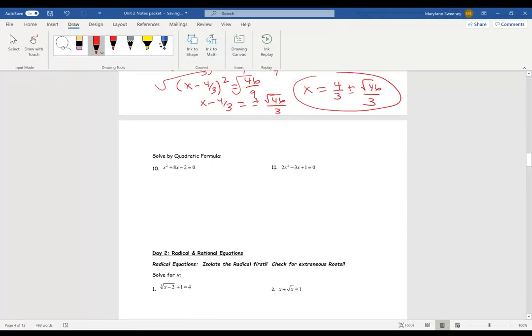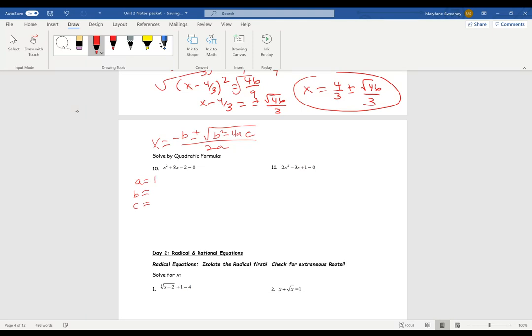Finally, solve by quadratic formula. Quadratic formula is x equals negative b plus or minus the square root of b squared minus 4ac all over 2a. Sometimes it helps in the beginning to identify what a, b, and c are.